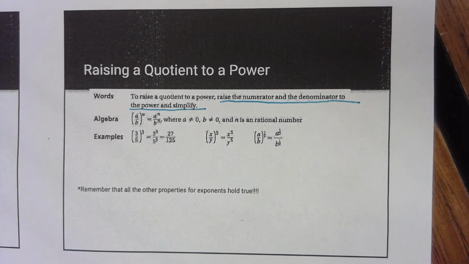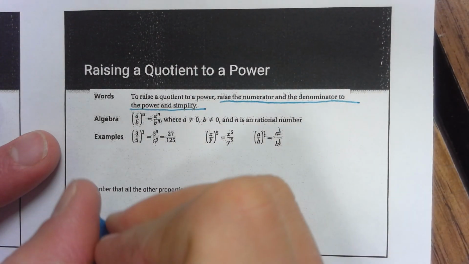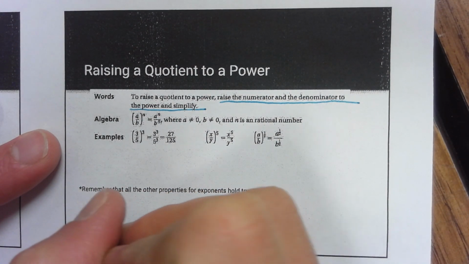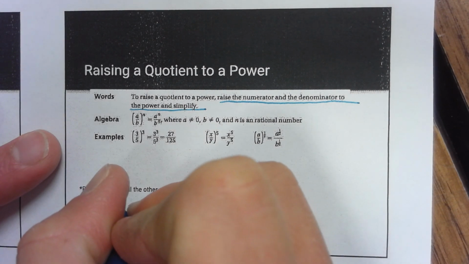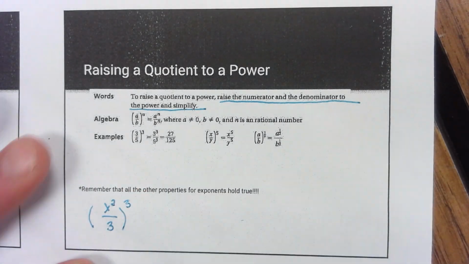That wording isn't all that great. Basically, just like when we distribute that exponent, it's the same rule here. So let's pretend that I have x squared divided by 3, and we want to cube this.